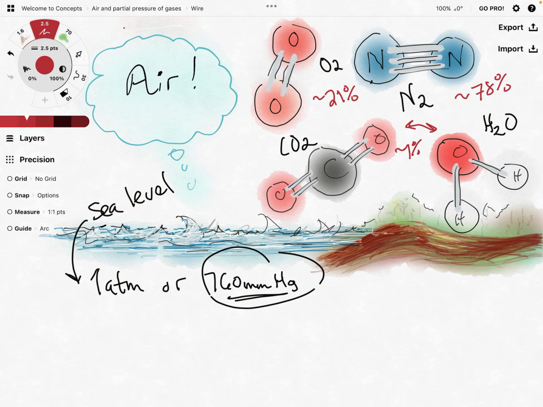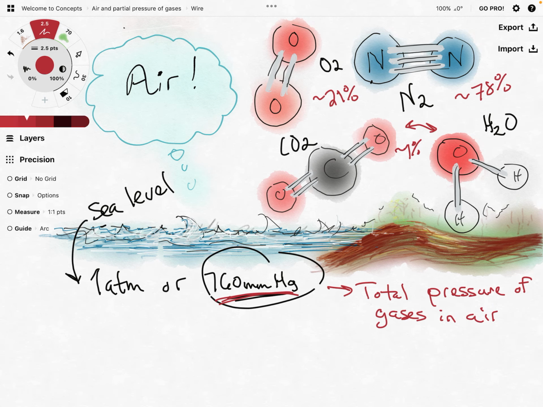All right. So this number, 760 millimeters of mercury, is going to equal the total pressure of gases in air. Each of these molecules is going to be a representative fraction of this 760 millimeters of mercury: 78% for nitrogen, 21% for oxygen, and less than 1% for carbon dioxide and water together.